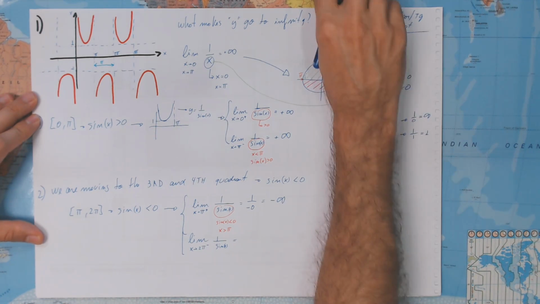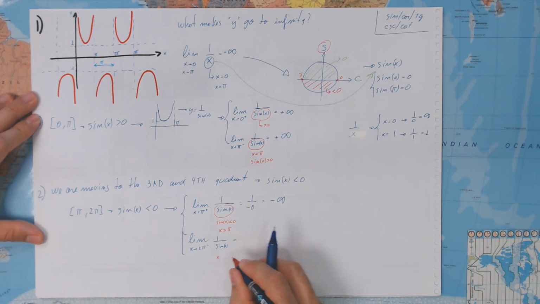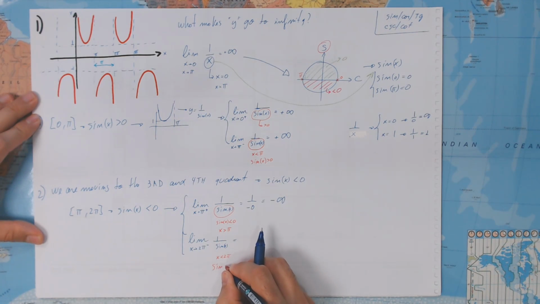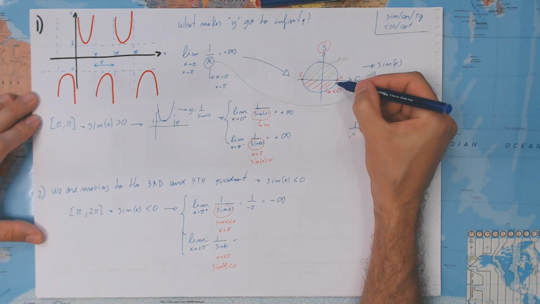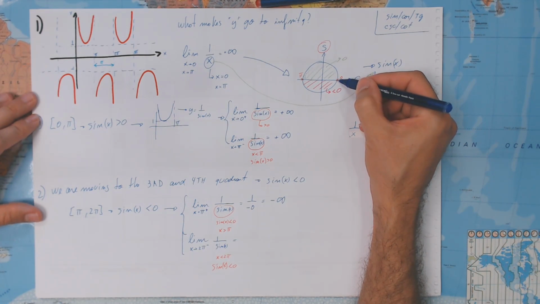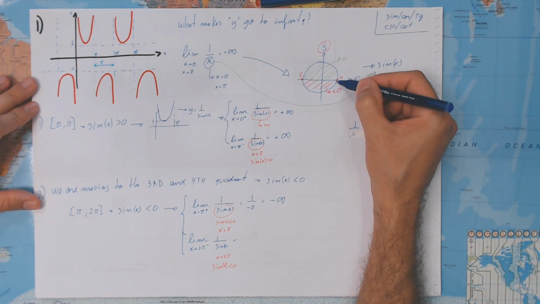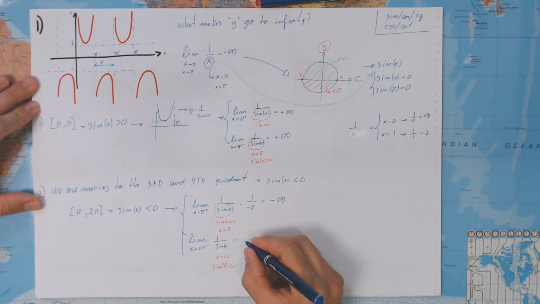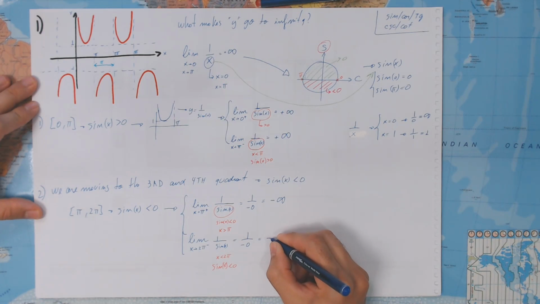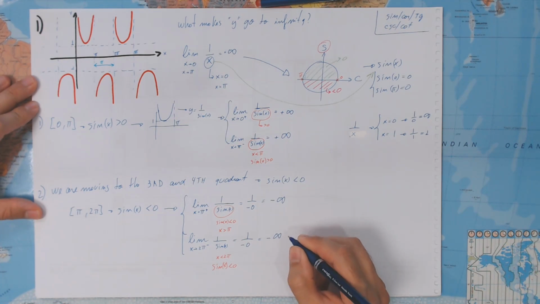Now our x is going to be less than 2 pi, and the sine of x is going to be negative, because look, we are almost at 2 pi, but the sine is very small but still negative. So it's just like 1 over minus 0, and again negative infinity.